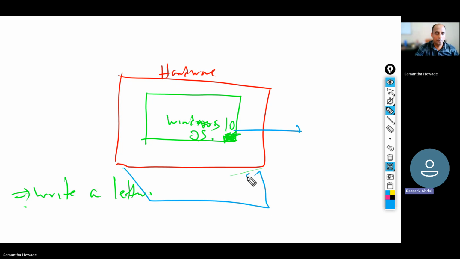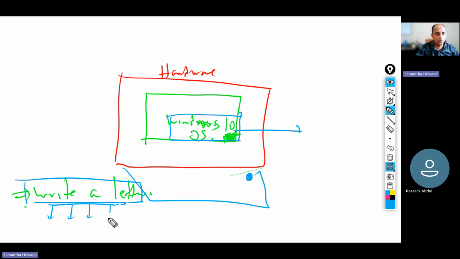Yeah, we can do it. But remember, you have only installed the operating system, Windows 10. After installing Windows 10 or an operating system, can you write a letter? Yeah, we can. How? Use that Windows. By using Windows, can you write a letter?